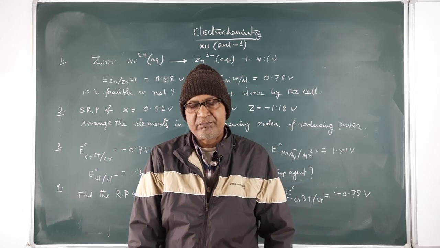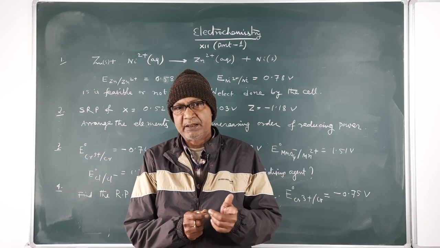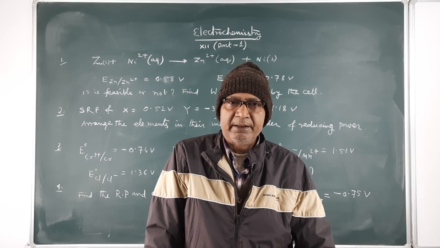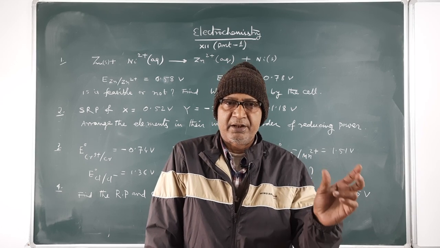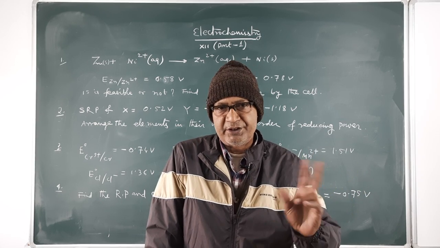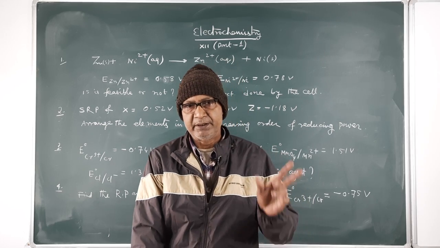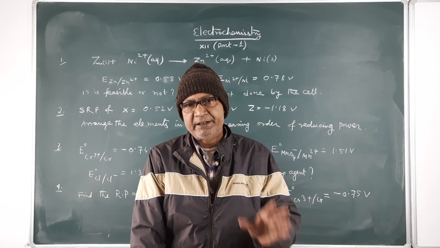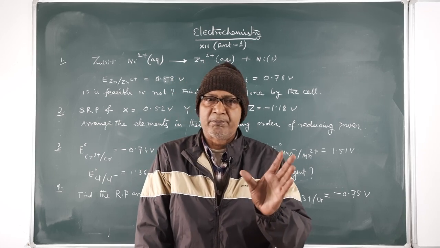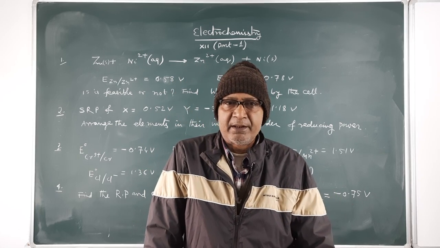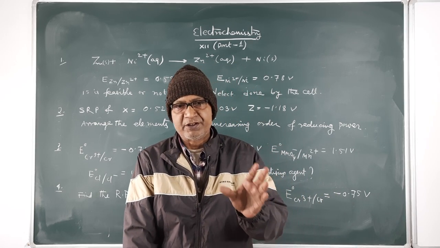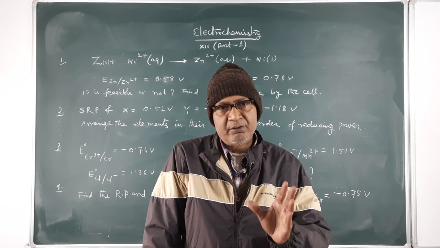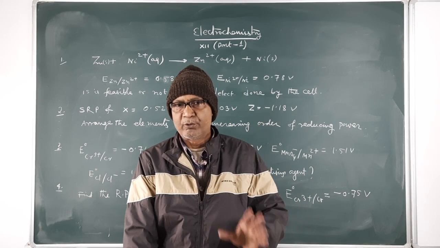Remember that in an electrochemical cell, electric current is produced, and in an electrolytic cell, electric current is consumed. This is the basic difference between them. Electrolytic cells are mainly used for the purpose of electrolysis, and there you will see Faraday's law of electrolysis.